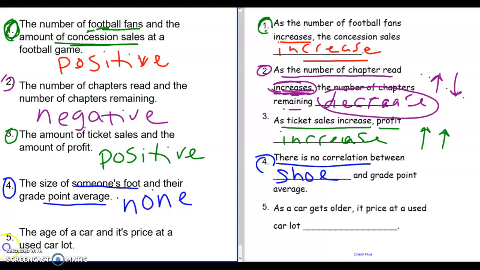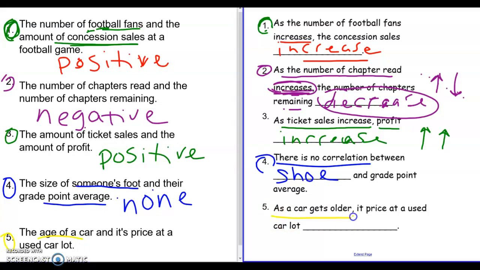All right, last one, number 5. This could be argued, but we're going to assume in a general case, the age of a car and its price at a used car lot. So as the car gets older, generally, its price at the used car lot decreases.